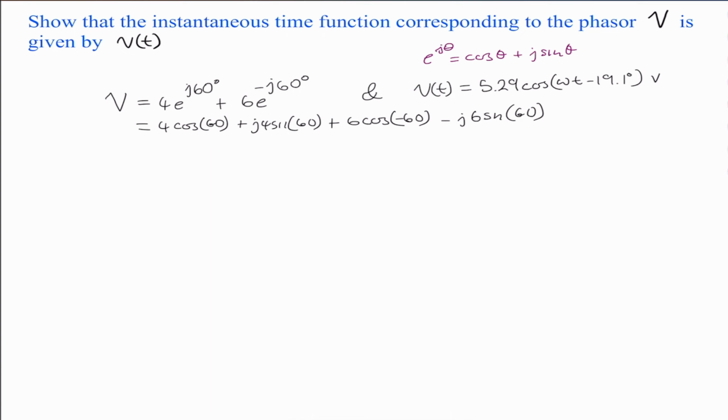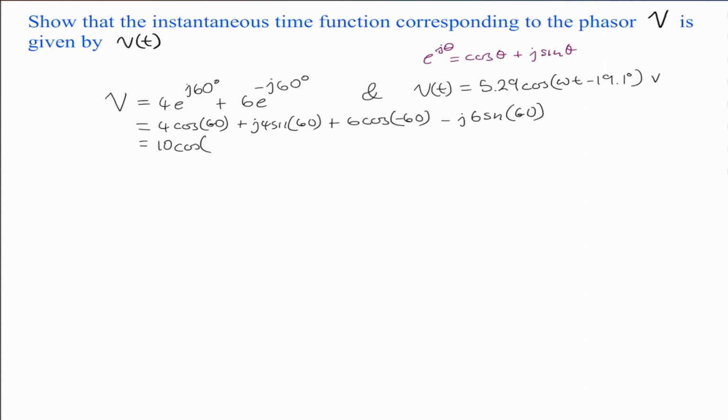So we go ahead and add these two, because the cosine function is even, so with negative 60 we get a positive 6 times cosine of 60. 6 plus 4 is 10.